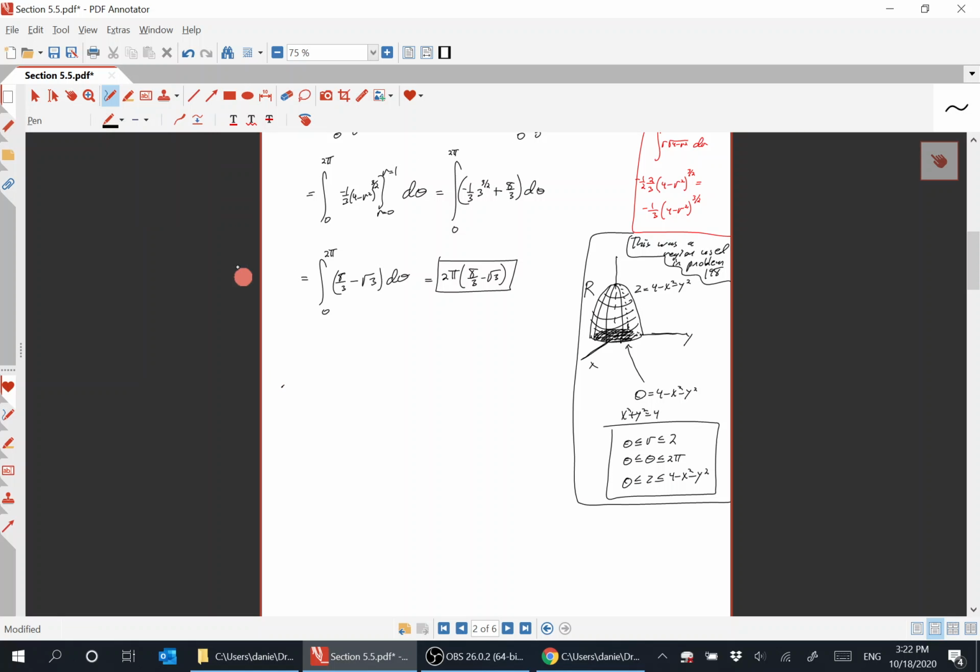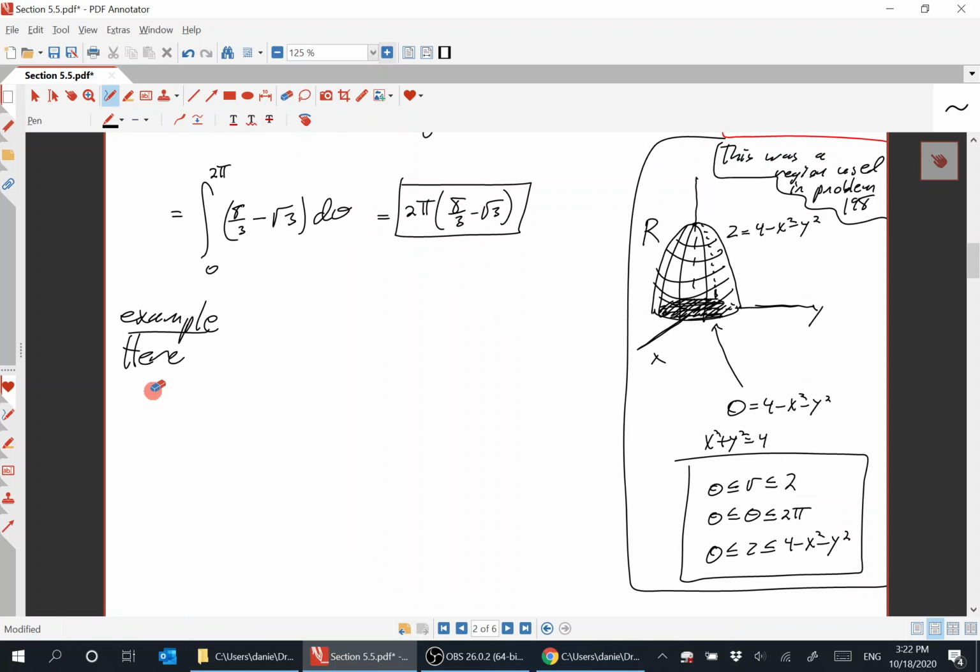All right, so here is another 3D region that is perfect for cylindrical coordinates.